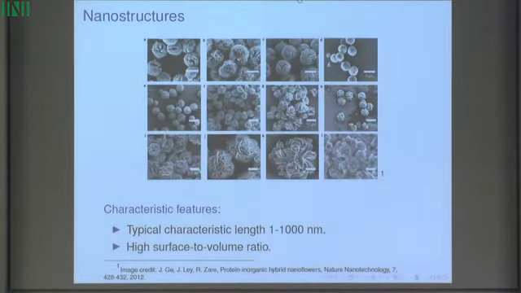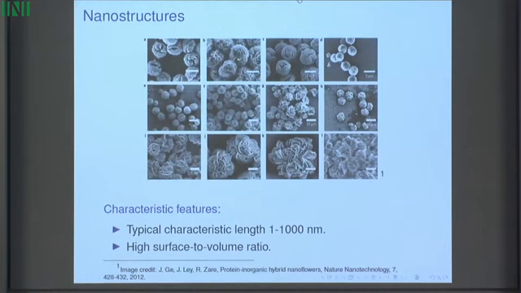So when we talk about nanostructures, and there have been a lot of discussion about various nanoscience problems lately, there are 2 characteristic features which are essential for me and for this talk. First of all, characteristic length scale is typically anywhere between 1 to 1,000 nanometers, so hence nanostructures.